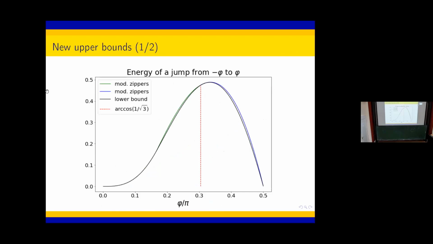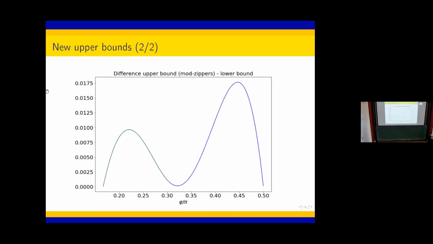You can compute, and then you are happy, and at the same time very disappointed because it does not match: the lower bound and the upper bound do not match. Looking at the difference, here you have 0.5, and the difference is of order 2%, 2 divided by 100. So it's quite small.